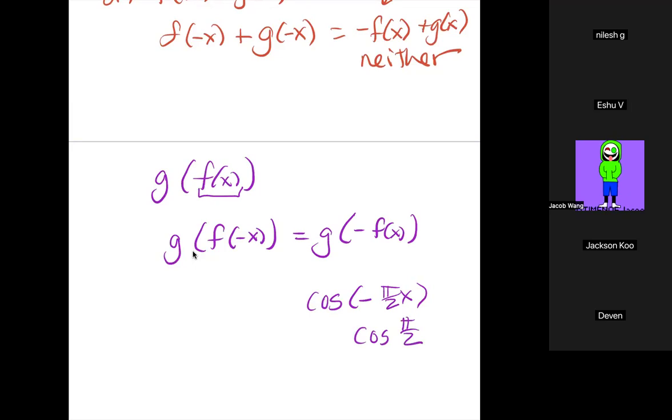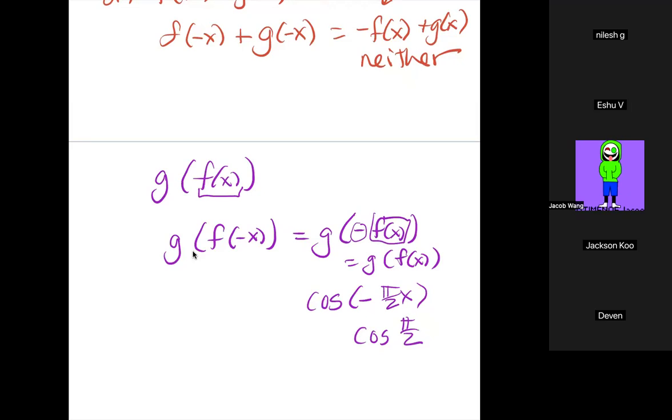I have g of negative some input, because f of x is the input of the g function now. So g of negative some input, because g is even, is just the same as g of f of x. So when looking at even and odd functions, we're mainly looking at what you put inside of it. So you're working with a composition, you have to look all the way from the inside out.